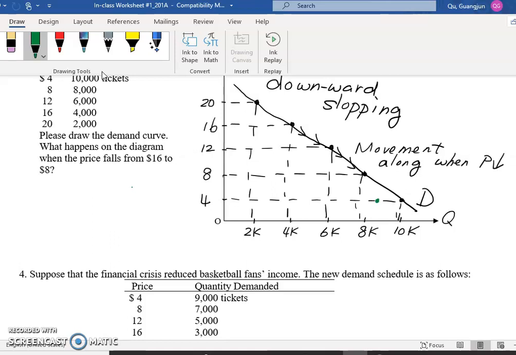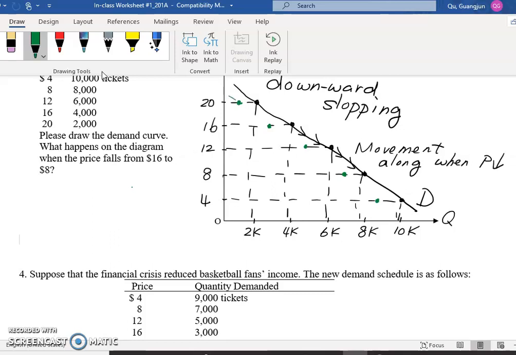When the price increases to $8 per ticket, the quantity demanded becomes 7,000. So it's right here, right? When the price is 12, it becomes 5,000. When the price is $16 per ticket, the quantity demanded is 3,000. And when the price is 20, the quantity becomes 1,000.